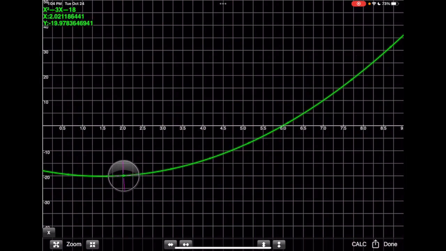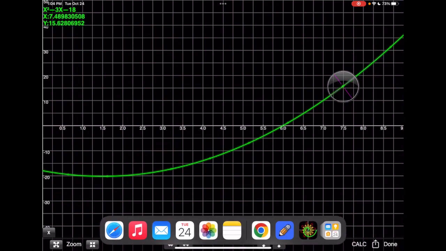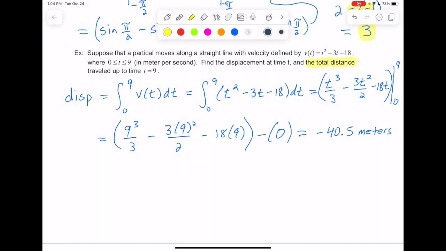So what we want to do is take this section, which is going to come out negative, and calculate that with a negative sign in front of it to make it positive. And from 6 on, that part's going to come out positive, so we'll just add it on. All right, so let's go back with that in mind and work on total distance.